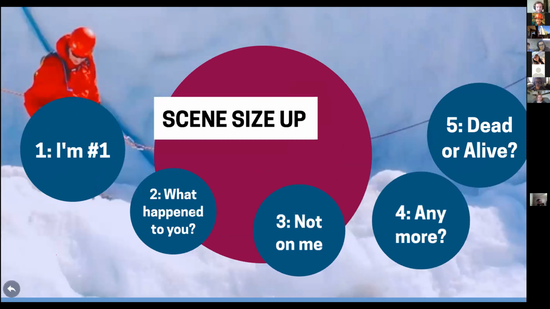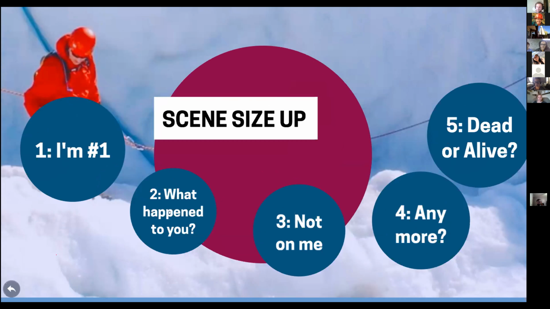So 1 through 4, an important point here: scene safety and size up, general impression of the patient in the scene, body substance isolation, and determining the number of patients. Those are happening before you get really involved with your patient, because you need to make sure that scene is safe before you put yourself at risk.